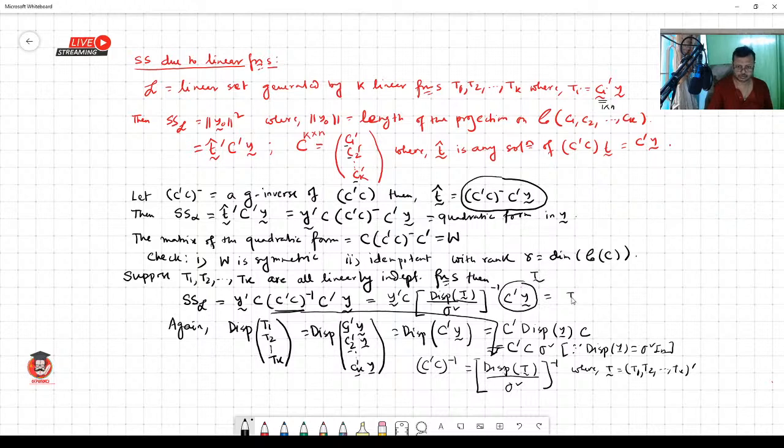So T curl prime dispersion of T curl sigma square whole inverse T curl.